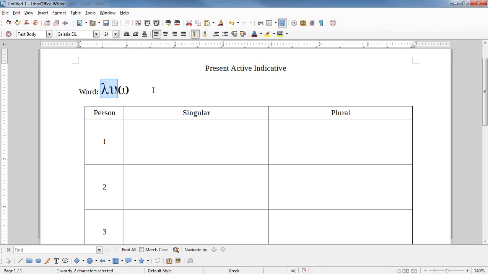It's that indefinite. Okay? So it's present time, but it can be conveyed as progressive action or aorist action. Okay?